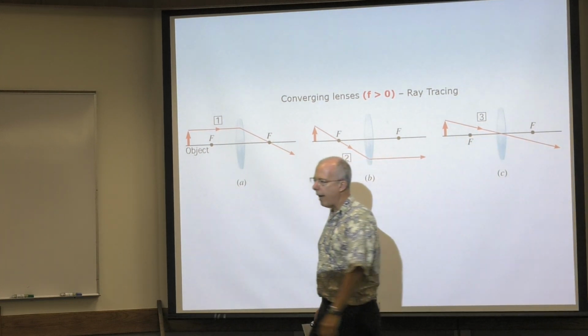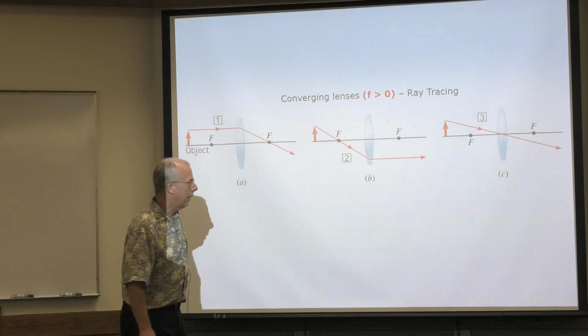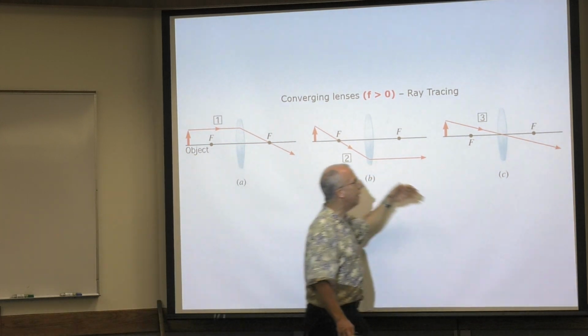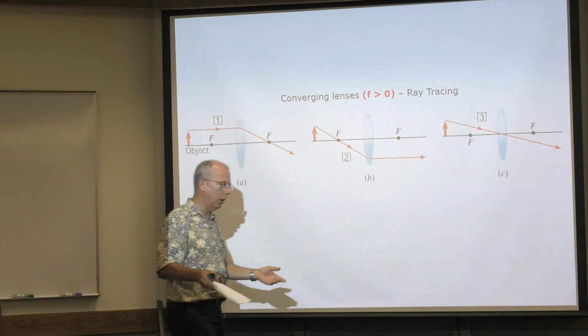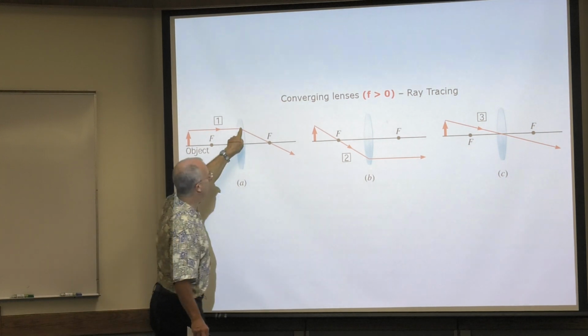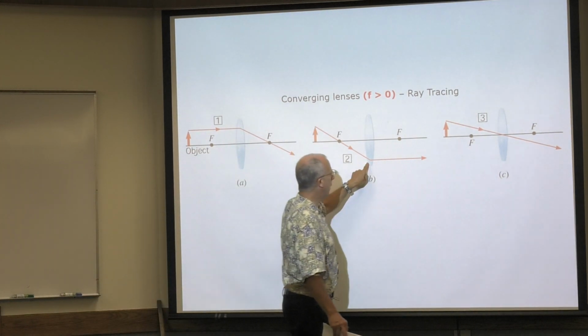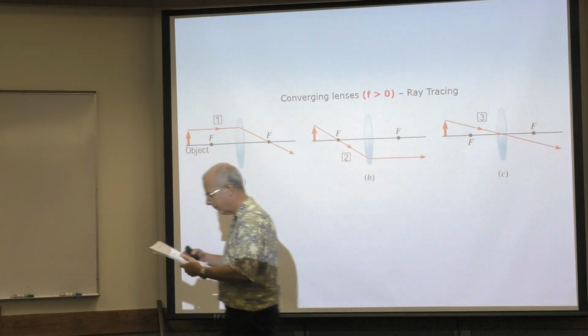You only need two rays to intersect to find the image, but I would recommend you always draw three, because then it's a check to make sure you didn't goof up. So again, parallel in, focal out; focal in, parallel out; and just straight through the center of the lens. That's all you need to do.